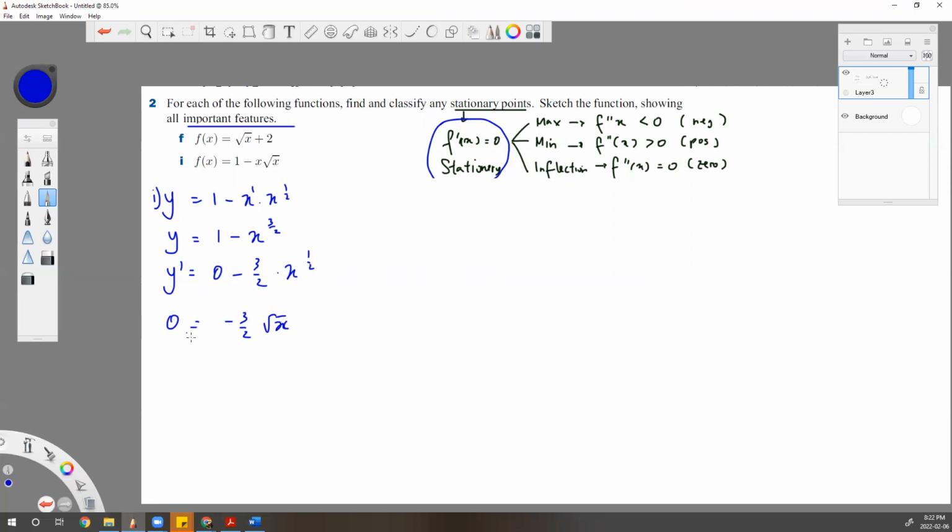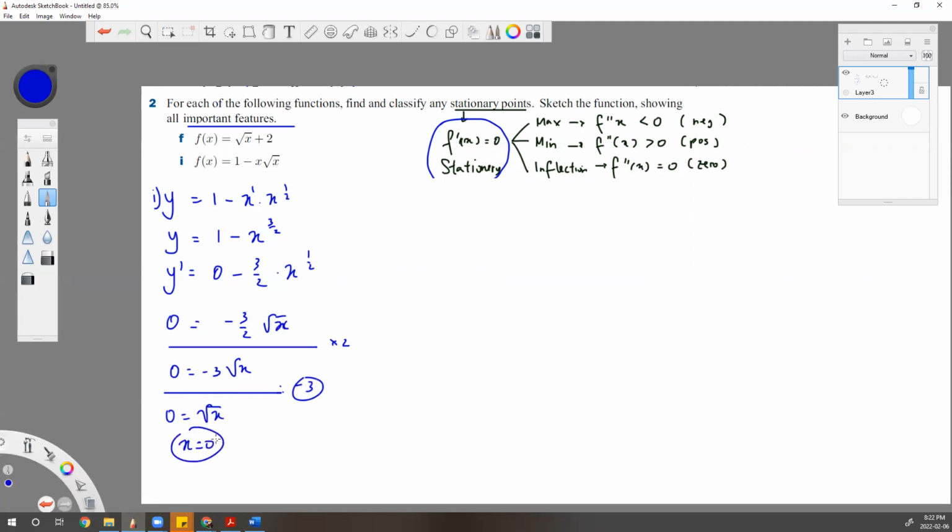0 equals -3 over 2 square root x, right? What you have to do is quite simple. You multiply by 2 because I hate the fraction. So 0 equals -3 square root x. I divide everything by -3 because I hate the negative. So 0 equals square root x, right? So we know that x equals 0.